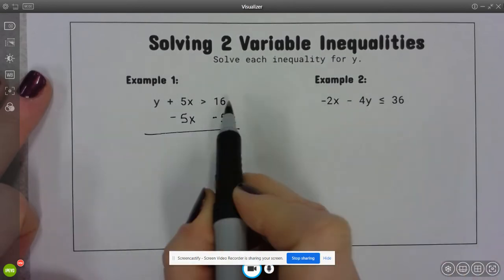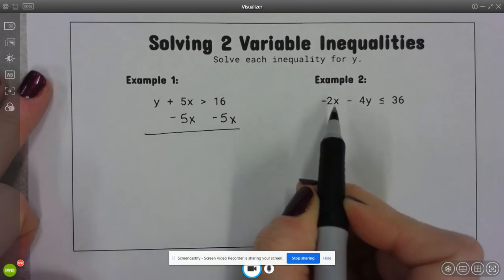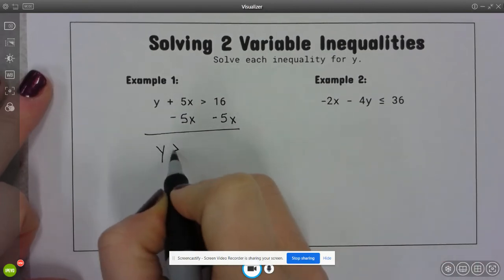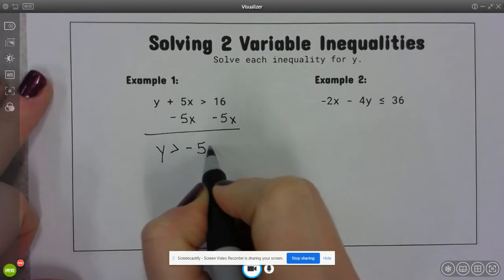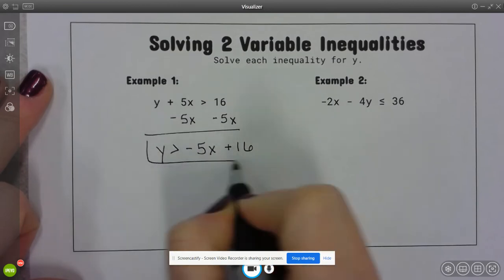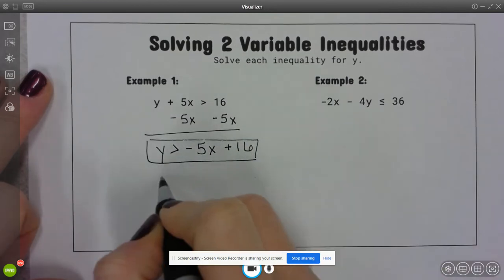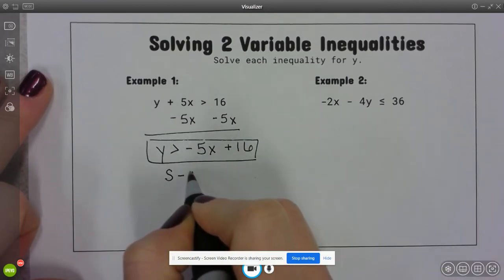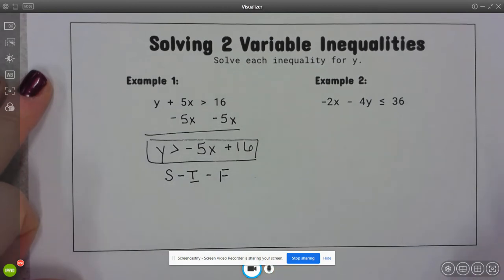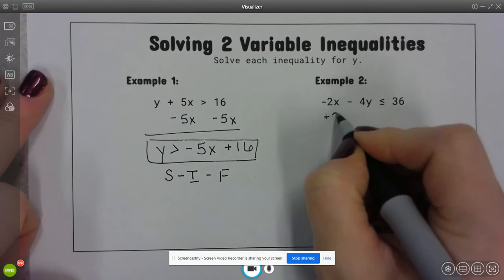Both of these are starting in standard form and moving to slope-intercept. This one is nice and easy, nothing crazy. So this would be my slope-intercept form, just abbreviating. I'm going to do the same thing here.